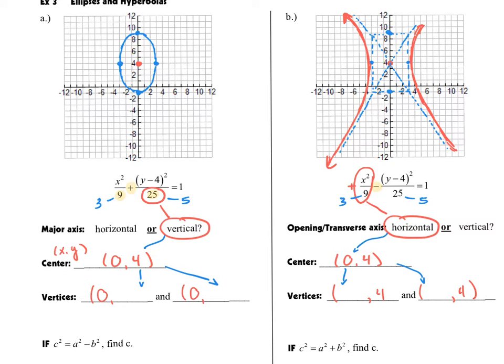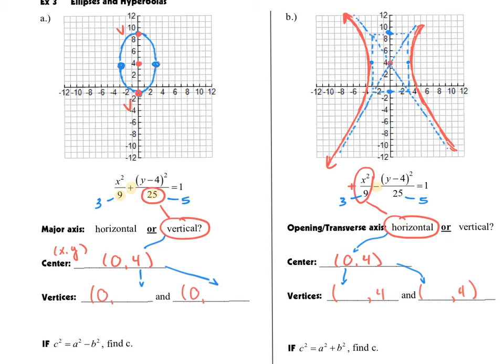Well, the vertices are these endpoints right here. So our vertices are right here and right here. Oops, sorry, I colored the wrong ones. I started off right. I was thinking about my hyperbola. So our vertices are going to be at the ends of this vertical. There's two of them. They're at the end of that vertical. If it was horizontal, we would have chosen those horizontal ones.